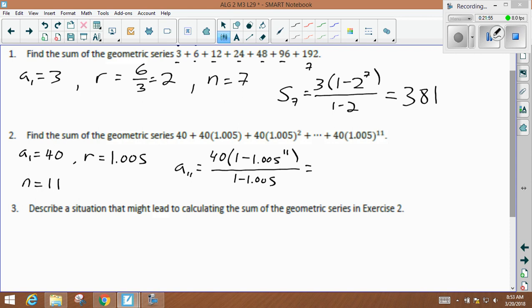Let's put that into our handy dandy calculators. 40 times 1 minus 1.005.